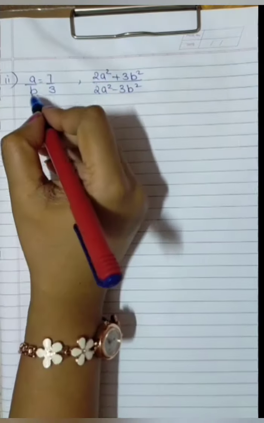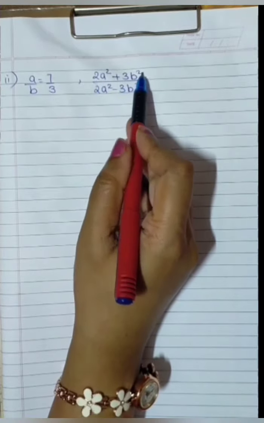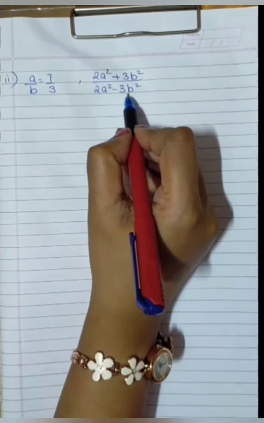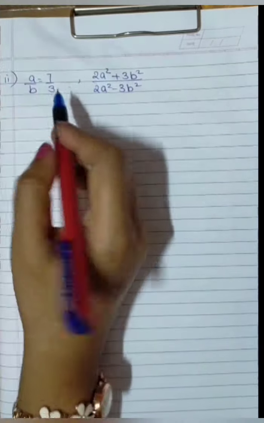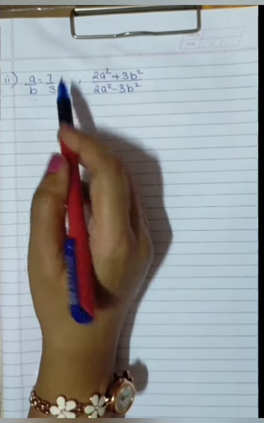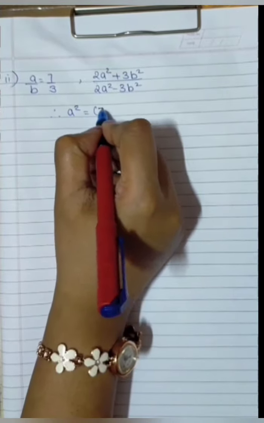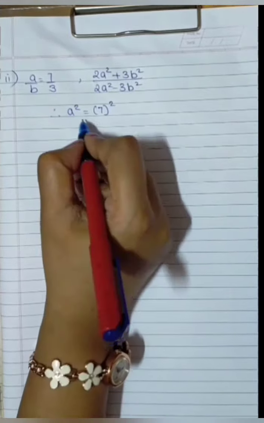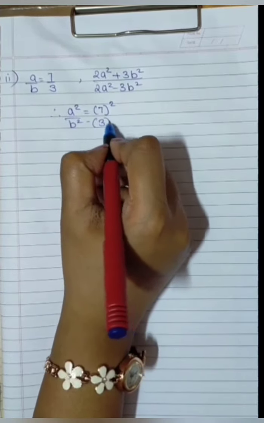Now our second sum is 2A square plus 3B square upon 2A square minus 3B square. Here A upon B is given as 7 upon 3. So there is no square, so we'll write, therefore A square is equal to 7 square and B square is equal to 3 square.